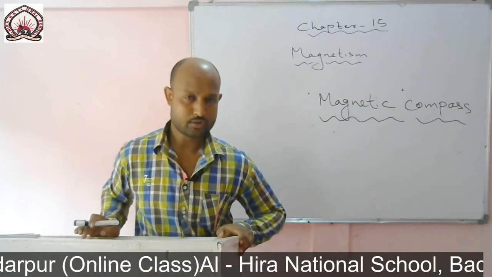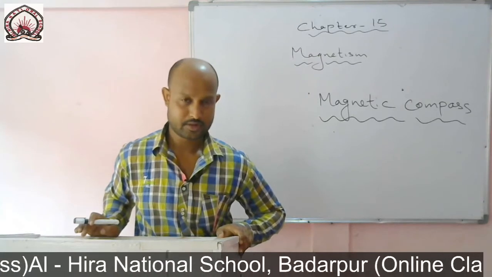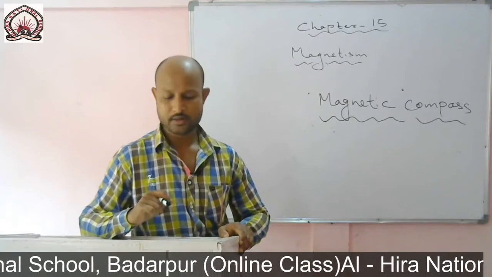The needle which points towards the geographical north is painted red or blue inside the compass. And the south pole of the magnetic needle will point towards the geographical south.